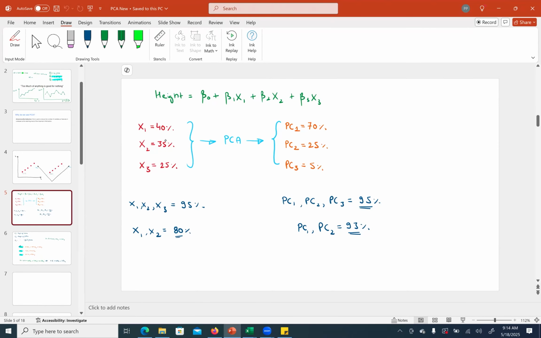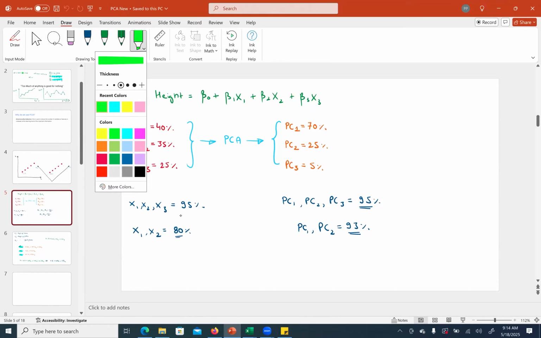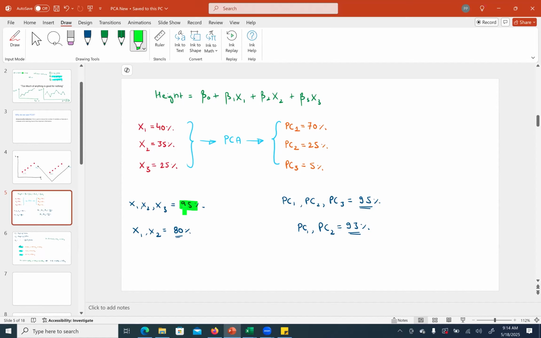So if all the 3 variables together are giving you 95% accuracy, hypothetically, okay, then if you will drop one variable, your accuracy might reduce to only 80%. Why?